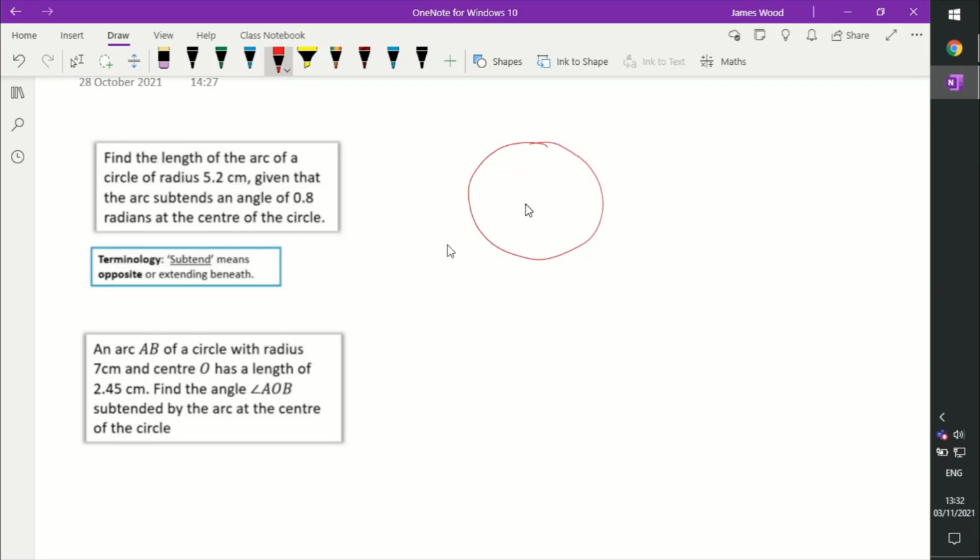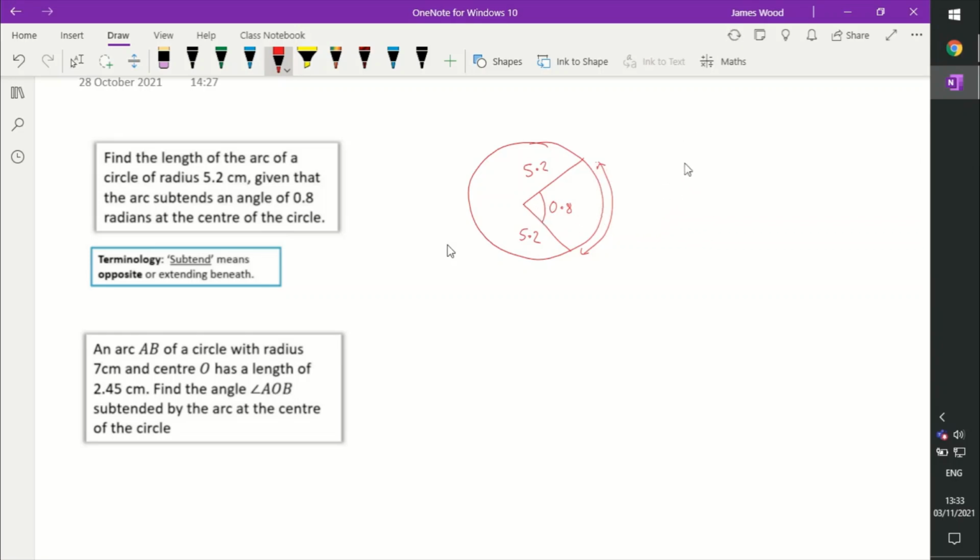It's my circle. The circle is 5.2 in radius, so that's that length there. Then the arc subtends an angle of 0.8 radians, so I'm just going to put that in there, it's 0.8. And we've got to find the length of this arc here. So this arc subtends this angle of 0.8, it's opposite it.